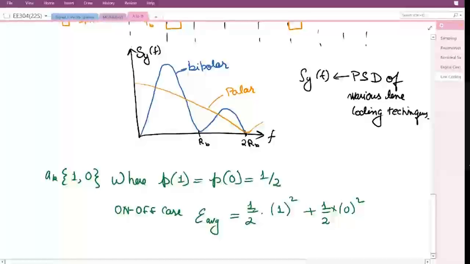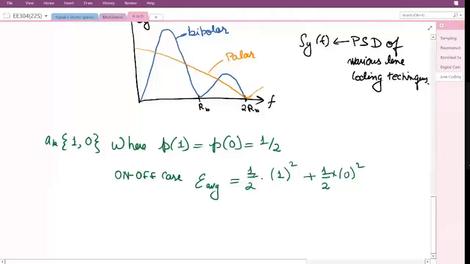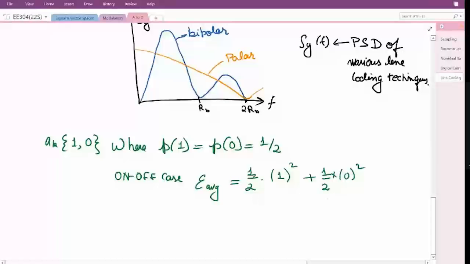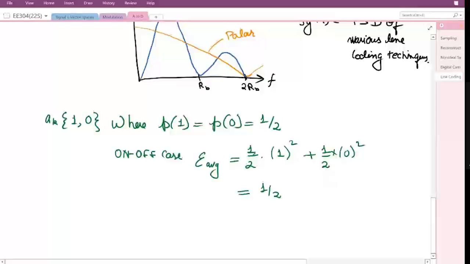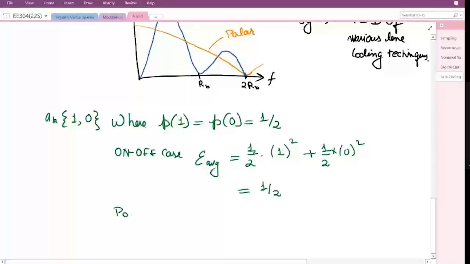Yes or no? Because these both are equally probable, we have multiplied by 1 by 2, 1 by 2. What is this value? Half.